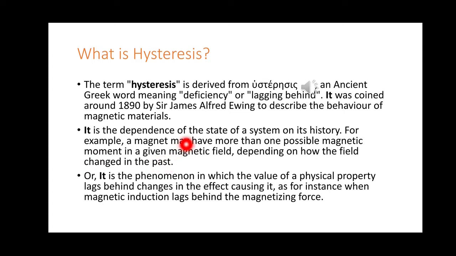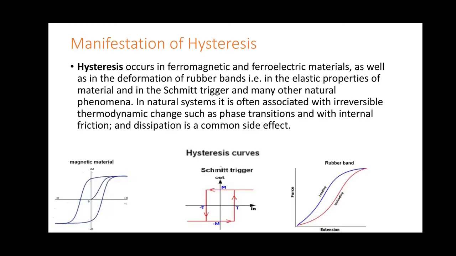So we see that previously on the 3 curves, and I forgot to cover this topic. When one of the properties gets to its original value, how much the other property lags behind depends on the history of the system.